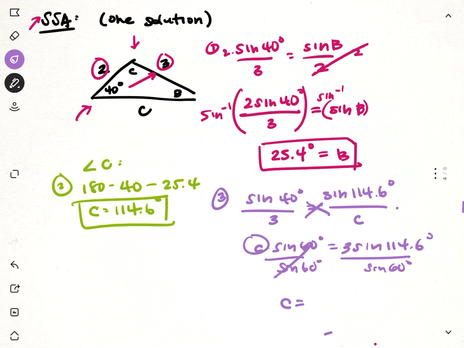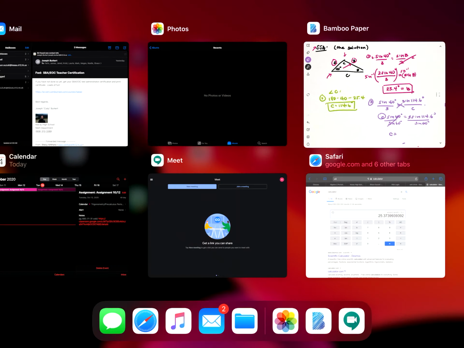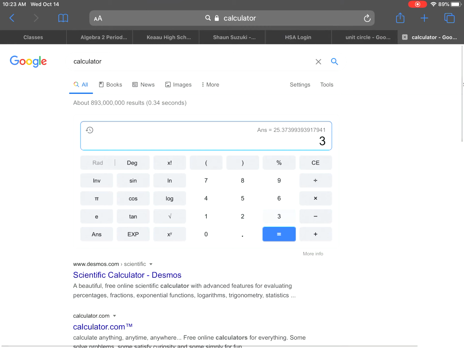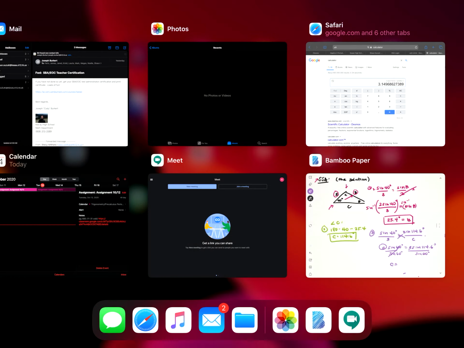Okay, so 3 sine 114.6 over sine 40. 3 sine 114.6 divided by sine 40 is 3.1. Okay, so 3.1.